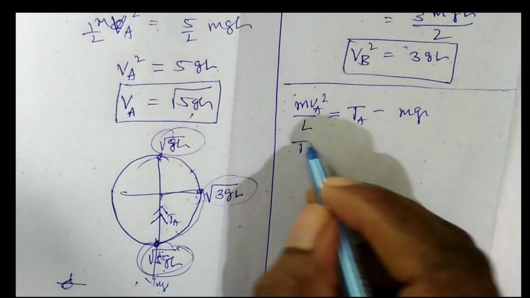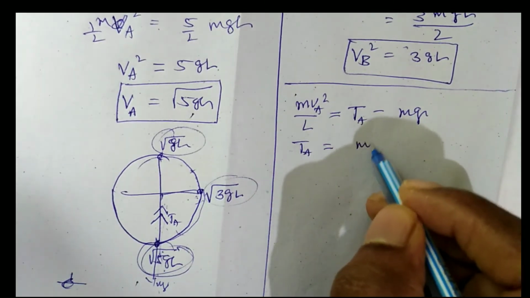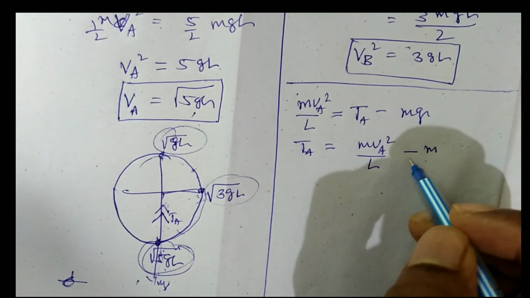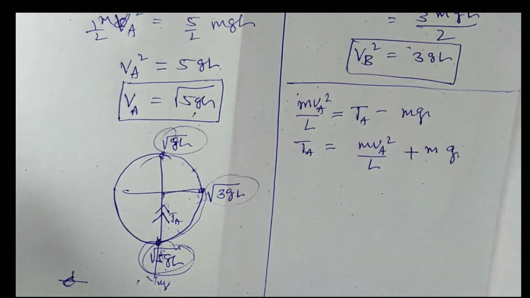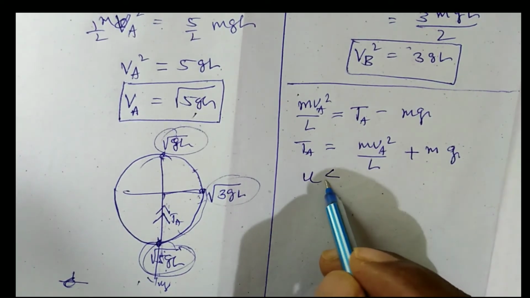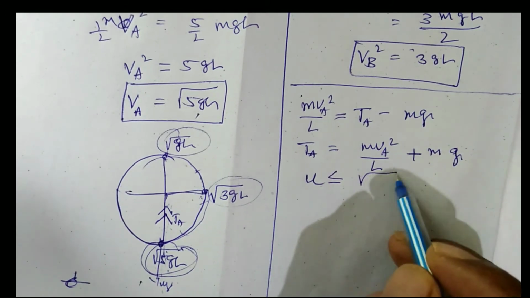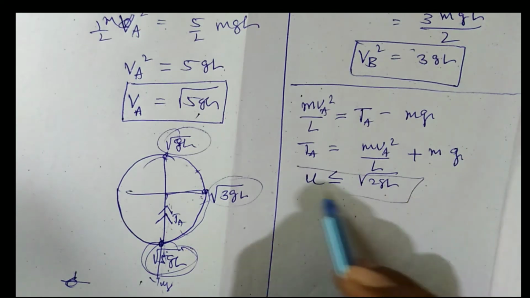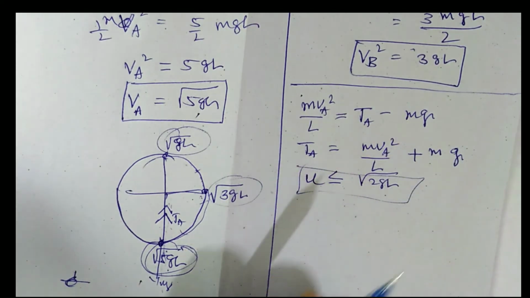So you can write down Ta, which is equal to mva square by L plus mg, that is the tension. Suppose that velocity you are given is less than or equal to square root of 2gl, then what happens?